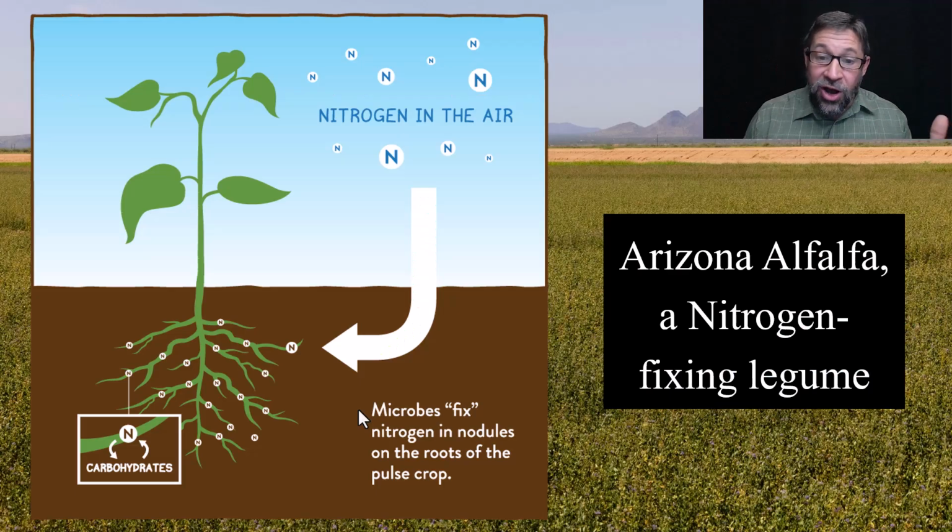However, cover crops like that hairy vetch or something else you may be more familiar with, Arizona alfalfa, they're so beneficial because these plants also have the ability to fix nitrogen from the atmosphere, bringing it into their tissues.